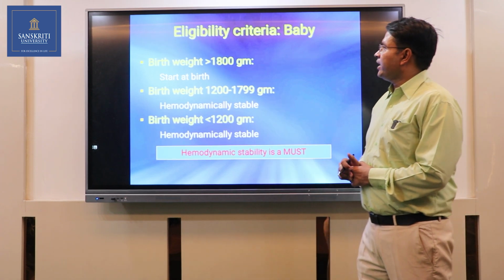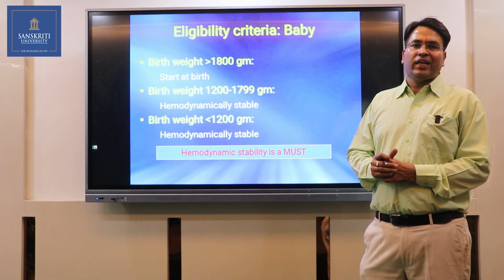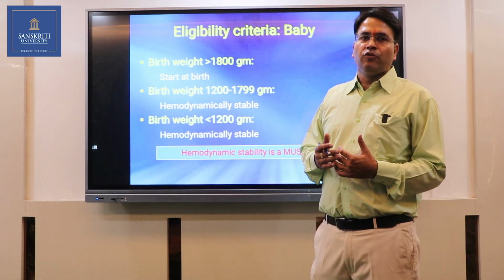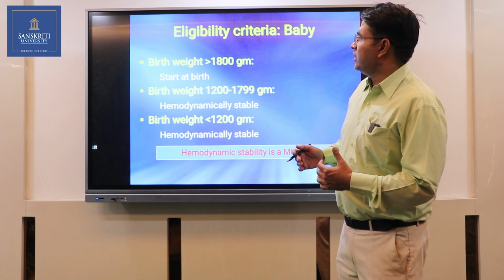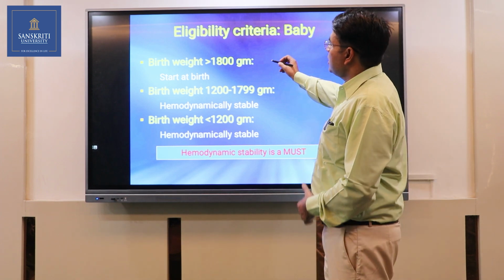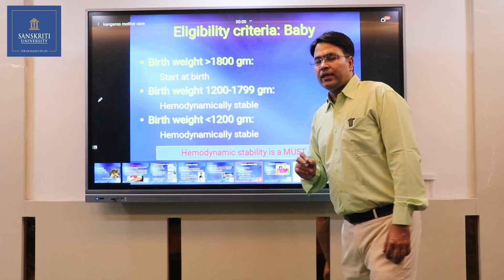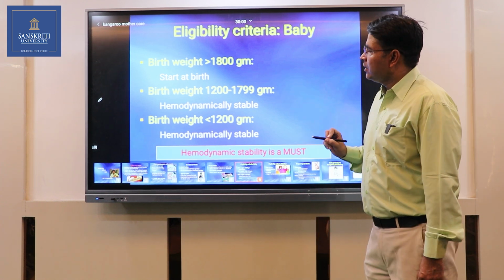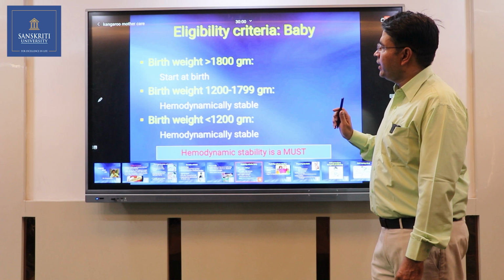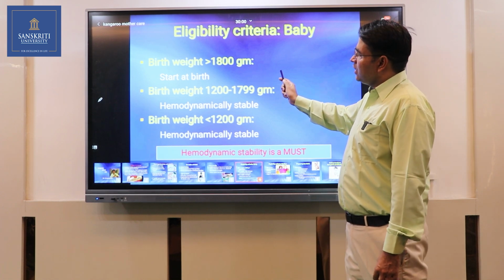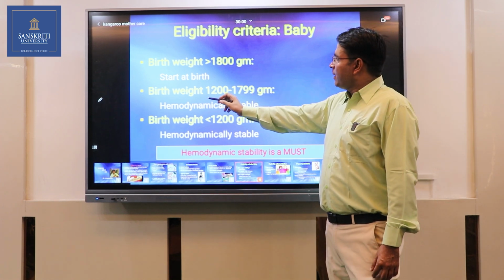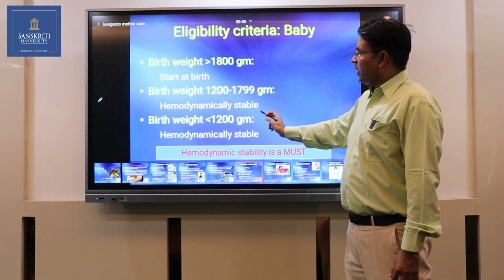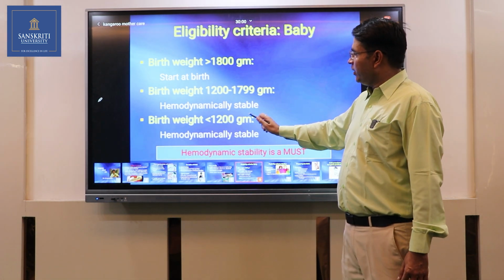The eligibility criteria for the baby. Eligibility means what type of baby is eligible for receiving this type of care. The first criterion is birth weight less than 1800 grams. Next, birth weight 1200 to 1799 grams, and birth weight less than 1200 grams.